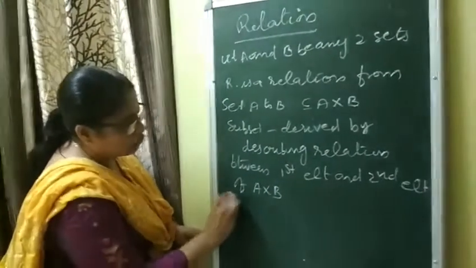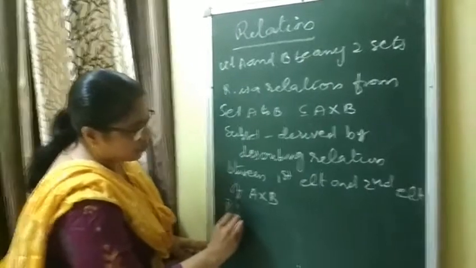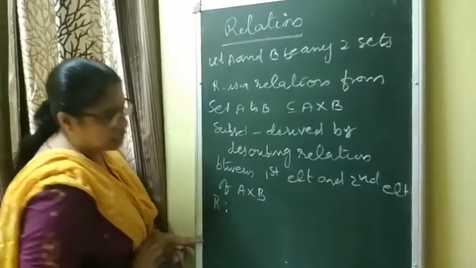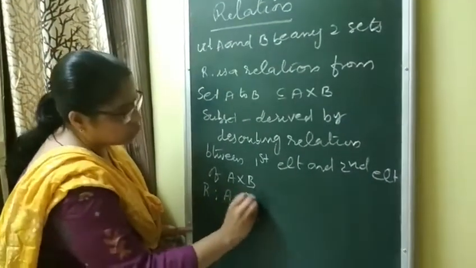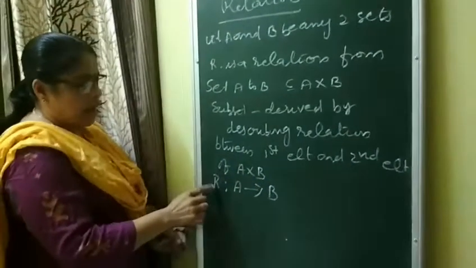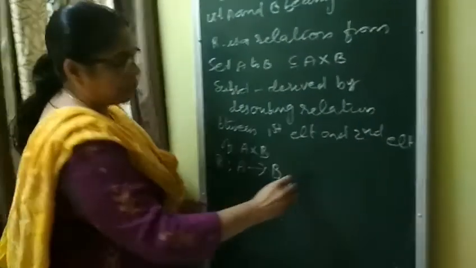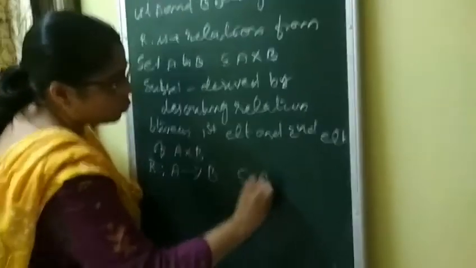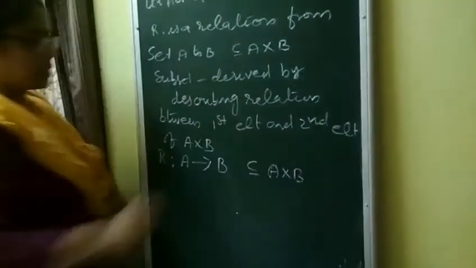In symbolic form, you can write R is a relation from set A to set B, which you read as R is a subset of or equal to A into B. A into B means the Cartesian product.